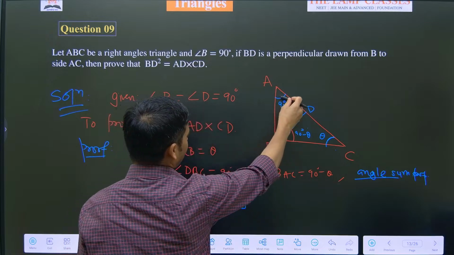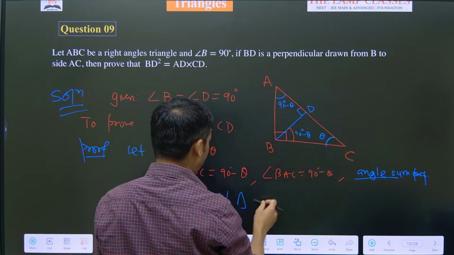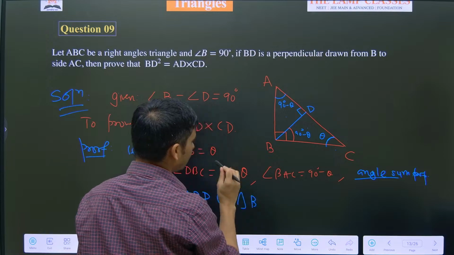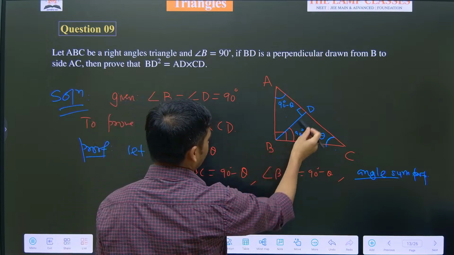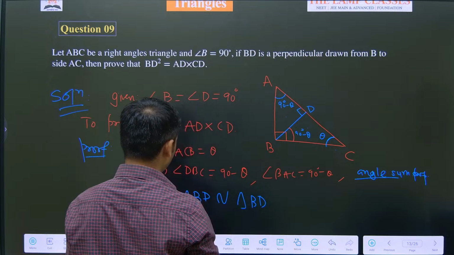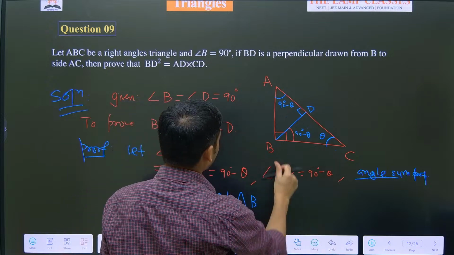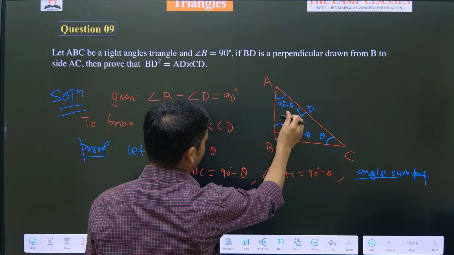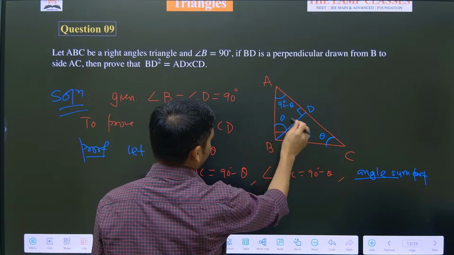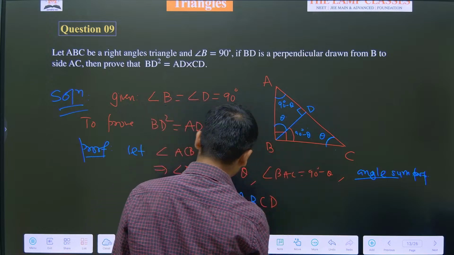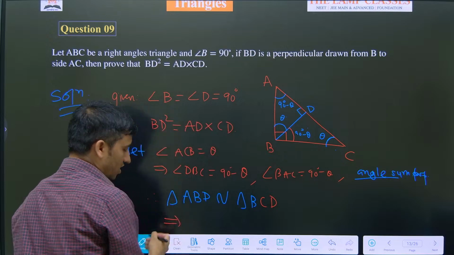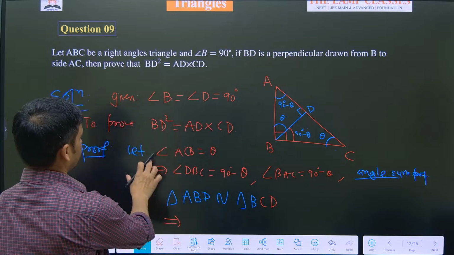Angle A is 90 minus theta. In this smaller triangle, it has to be angle B. Angle B is 90 here, so it has to be D. Wait. Angle B is actually this angle, right? Which is actually theta if you check. And here it is C, so BCD. And then just use sides to be proportional, that is CPST.